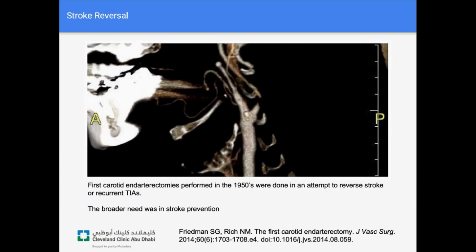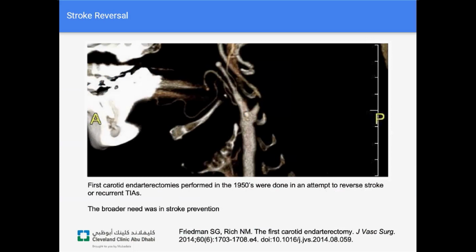Stroke reversal was actually the first goal of carotid endarterectomy when it was invented back in the 50s. There was some controversy as to who did the first one. Dr. Eastcott published on the first one, but Dr. DeBakey post facto published a report in the 70s about a carotid endarterectomy that he did in the 1950s.